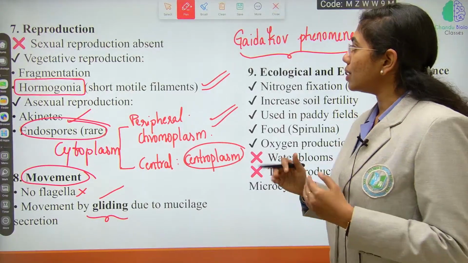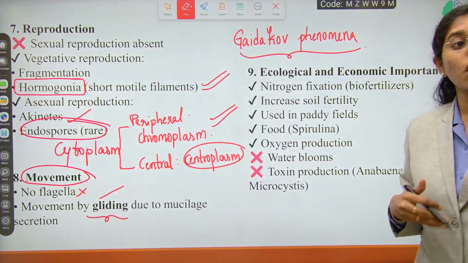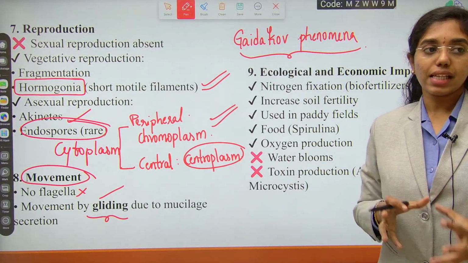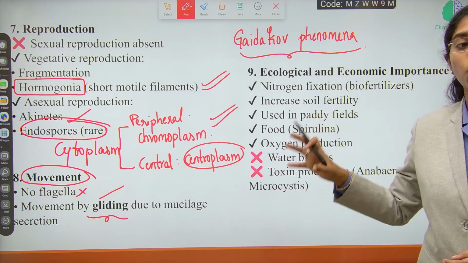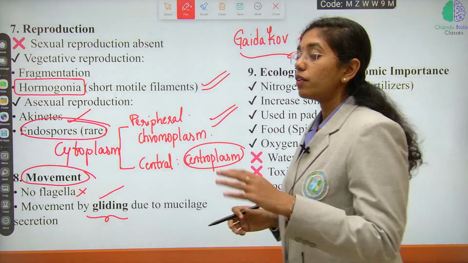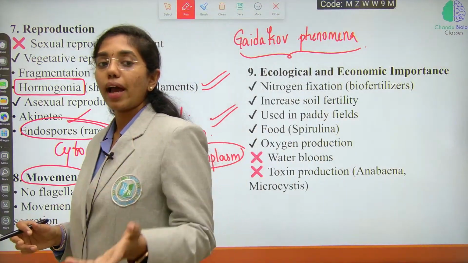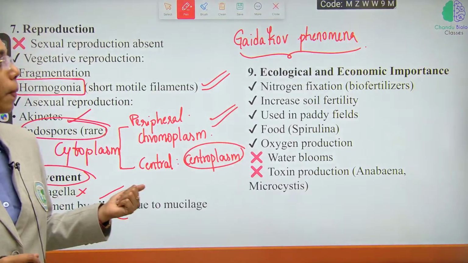This change in color, which gives camouflage, is the Gaidukov phenomenon, a characteristic feature only for cyanobacteria. It will change its color according to the habitat in which it is living.